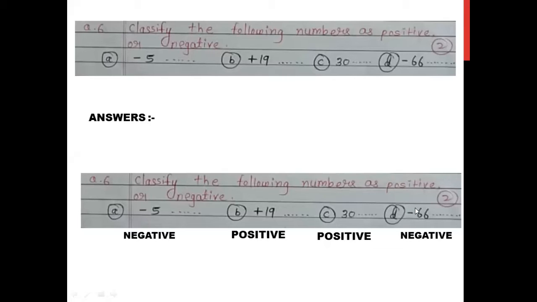That's why this is the negative number. Understood? Minus sign means negative numbers, and numbers without the plus sign, like 19 and 13, are positive numbers. Now clear this one, positive numbers and negative numbers. Clear?